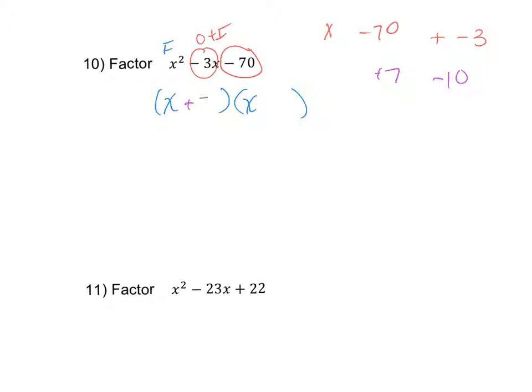Now, I could just go plus 7 minus 10. Much easier. However, let's do the ACB for number 11 just to show you. This understanding that when A is 1, so the coefficient is 1, understanding that when you have that, it makes it really easy to just break it down this way is really important because it conserves time.